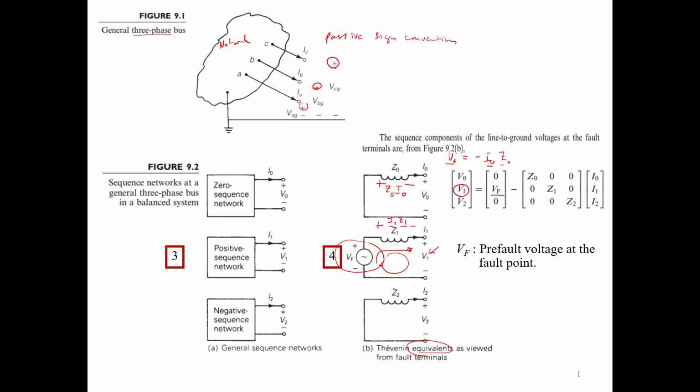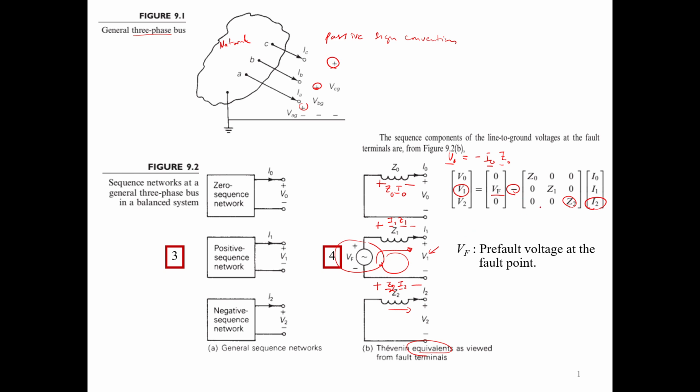Similarly, you see I2 flowing this way, so this creates positive polarity on the left and negative polarity on the right. The voltage drop across this is Z2 times I2. The voltage V2 is in the opposite direction to this voltage from Z2 I2, so this would be the negative sign.